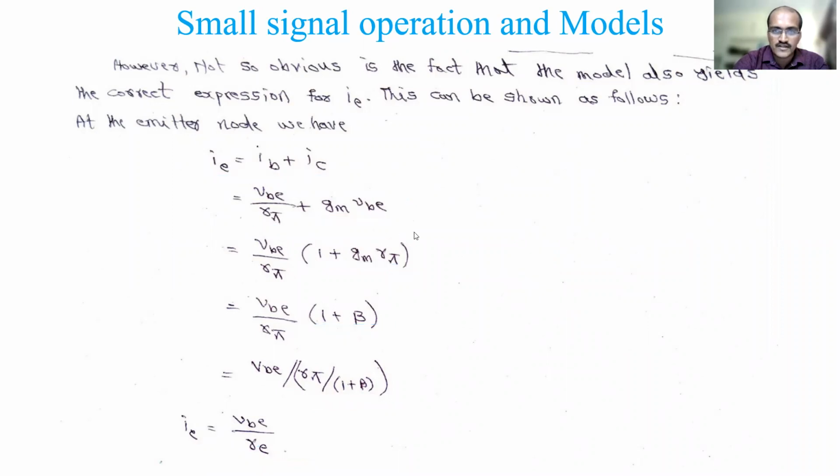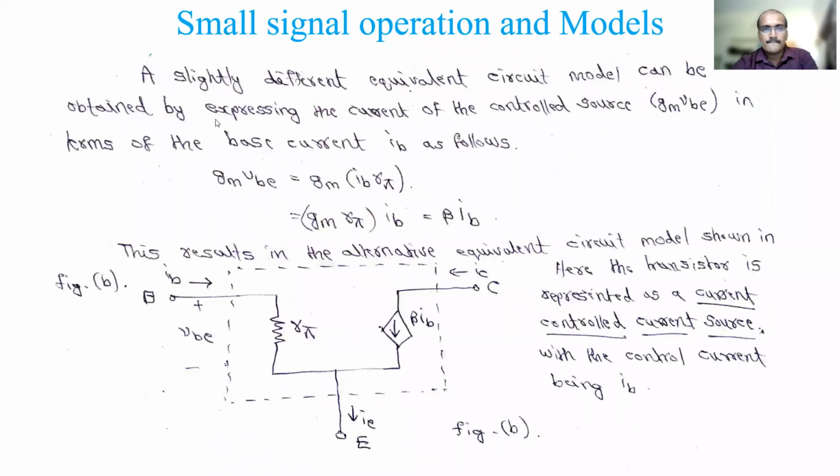So we'll try to get an equivalent model now. Whatever modifications we have done equation-wise can be shown in the picture as well. A slightly different equivalent circuit model can be obtained by expressing the current of the controlled source in terms of the base current IB as follows.